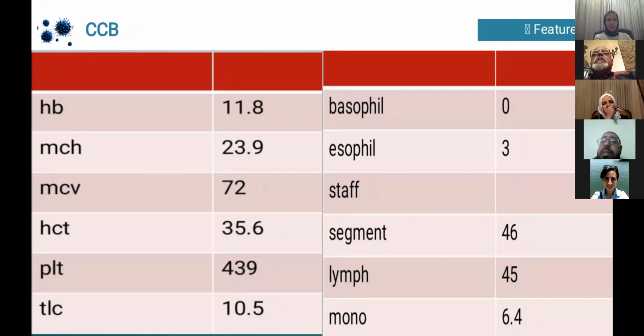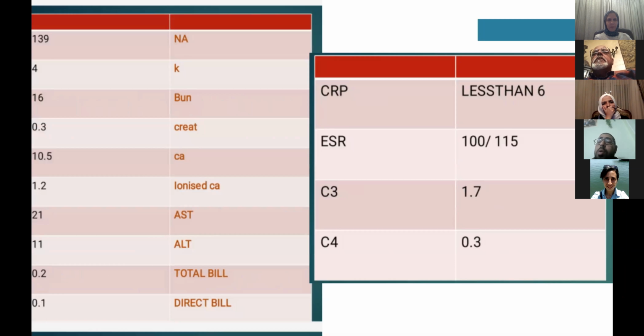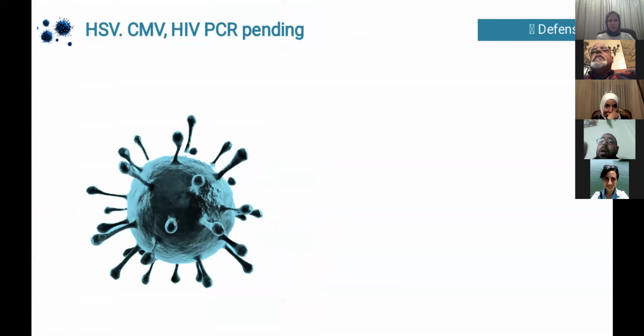We did labs: CBC was normal, chemistry all normal except the ESR, which was 100 in the first hour and 115 in the second hour. Herpes simplex, cytomegalovirus and HIV PCR are pending.